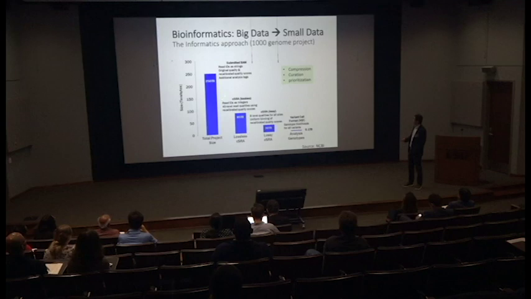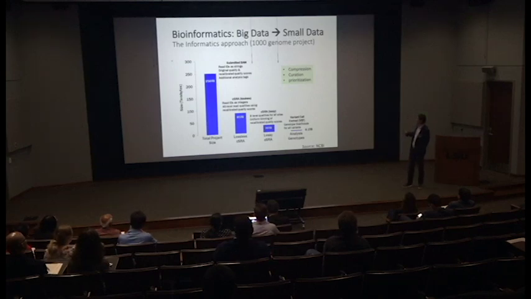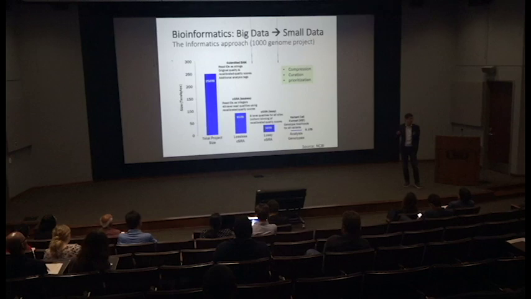By using just compression techniques and coming up with a very short list of the significant variants, essentially you come up with small data. And it's the small data that, as a bioinformatician, I prize, because that really distills the information. As human beings, we may not be able to deal with all of this data in our whole life.